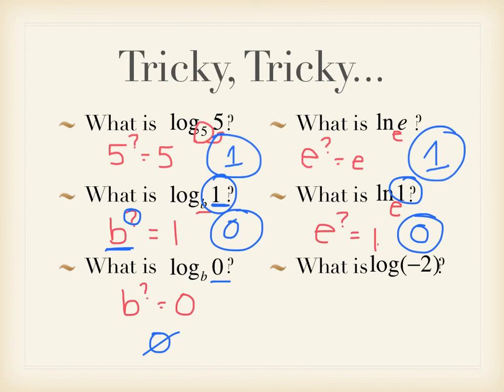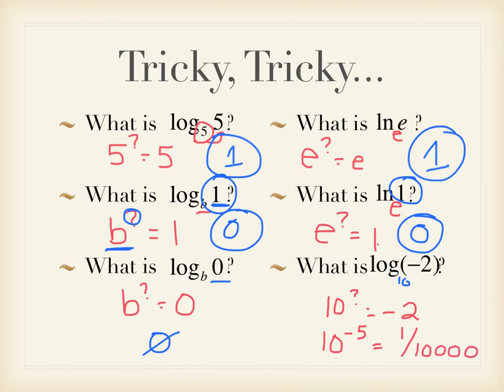What about over here? Remember, when it doesn't have a base, it's really a base of 10. So this is saying 10 to what power is equal to negative 2? Well, what power can you raise something to that would make it turn from positive to negative? The answer is there is none. Even if you raise it to negative powers, even if you did like 10 to the power of negative 5, remember a negative power is just going to make it be 1 over some big number.